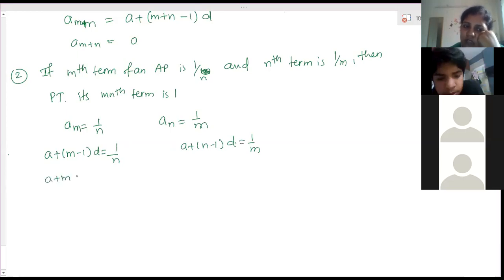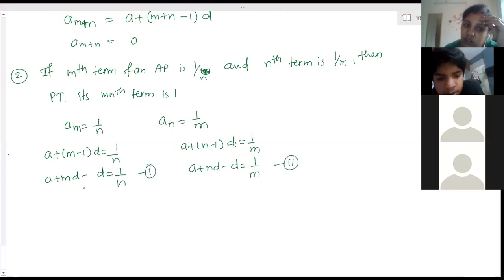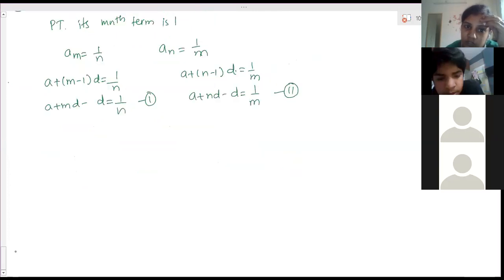So a plus md minus d is equal to 1 by n, and a plus nd minus d is equal to 1 by m. I'm not solving by the method given in the textbook, so be careful. This is the first equation and this is the second equation, two linear equations in two variables. We subtract to solve for d.